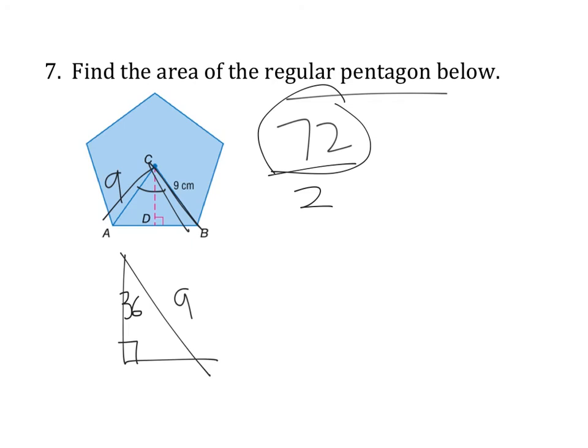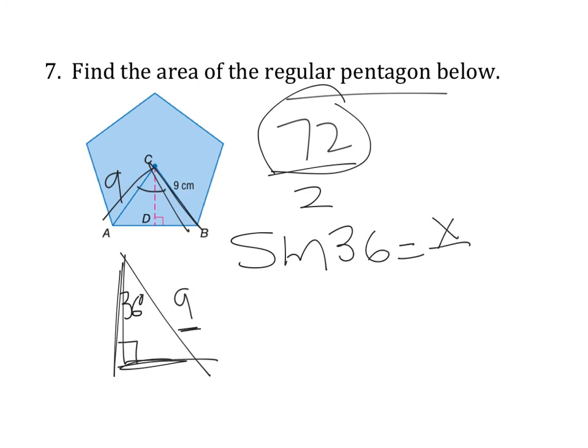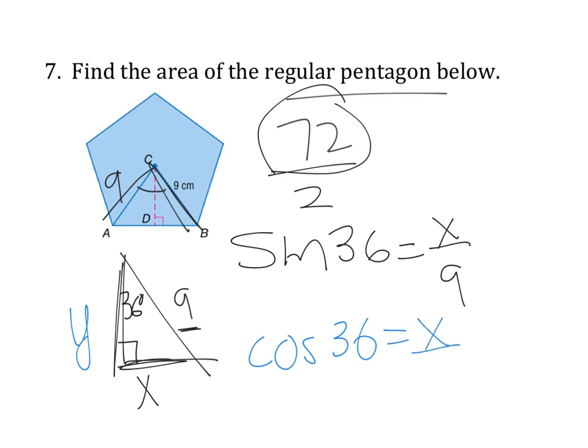All right, so I've got to figure out this guy and this guy, knowing that that's 9 and that that's 36 degrees. So again, kind of like I did before, I want the sine of 36 is going to be equal to x over 9, and that's going to give me this one. Then cosine of 36 equals y over 9.